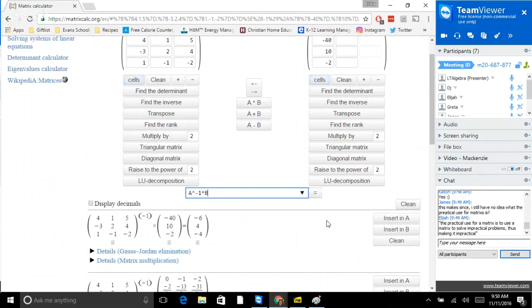I can't think of anything in your daily life, but there's a lot of applications in math and science where you can use matrices. There's a lot more that you can do with matrices that I don't even know. I know what transposing and that kind of thing is, but there's a lot of powerful data analysis that you can do using matrices.